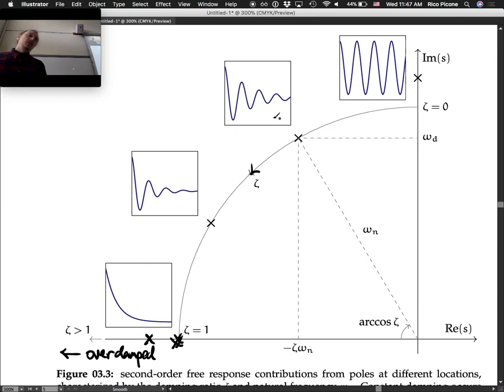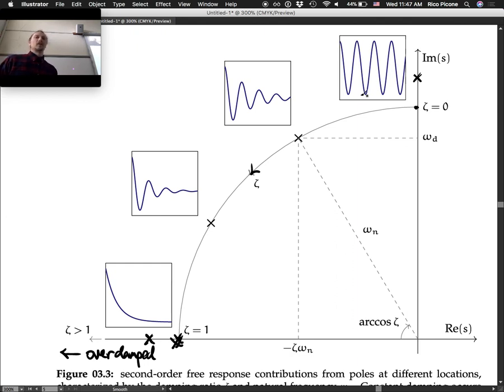As zeta increases, we have responses that have less and less oscillation until zeta equals 1, right? So we follow this arc down. Zeta equals 0, we just barely get to this point, and if we continue up, zeta is equal to 0 along the imaginary axis here, and we have an oscillation that never decays.